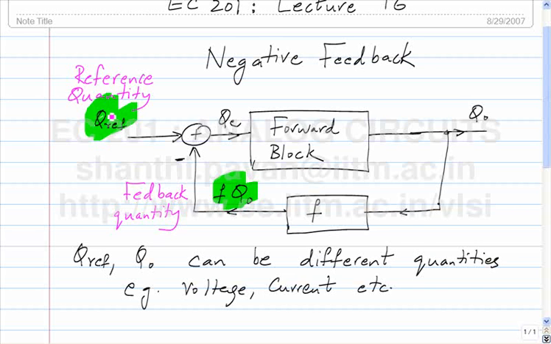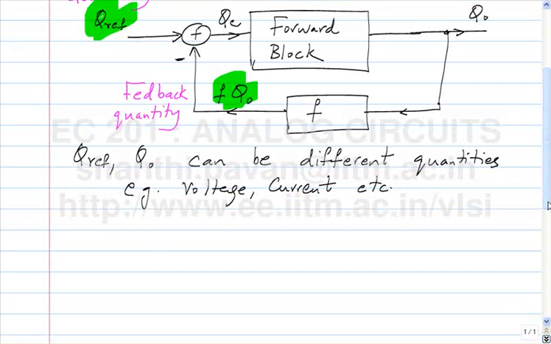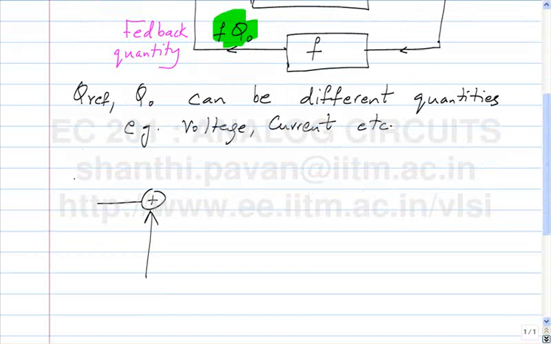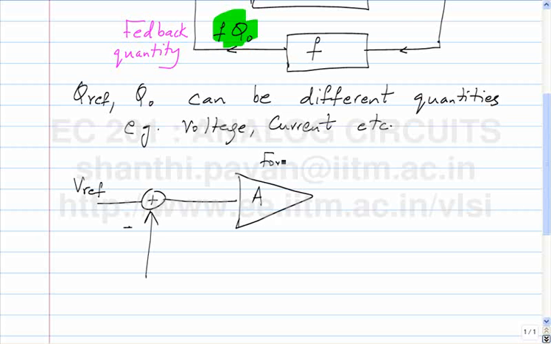And since we are now dealing with electrical circuits, we will make life easy, and all these quantities will basically be either voltage or current. In which case, if I redraw this in the electrical domain, this is the forward amplifier. Let's assume that this has got a gain. This is the output voltage.